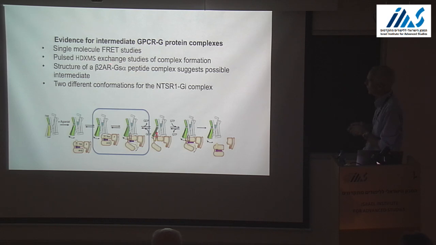So we think this state is perhaps somewhat unique to the nucleotide-free state. We also have a structure of the beta-2 bound to just the GS peptide that is a different orientation than we observe here. And then finally, I didn't show this, but the NTS1 GI complex, we actually see two different states, two different complex formations.